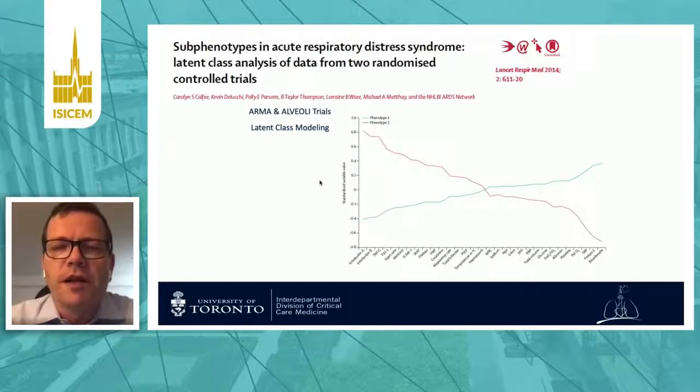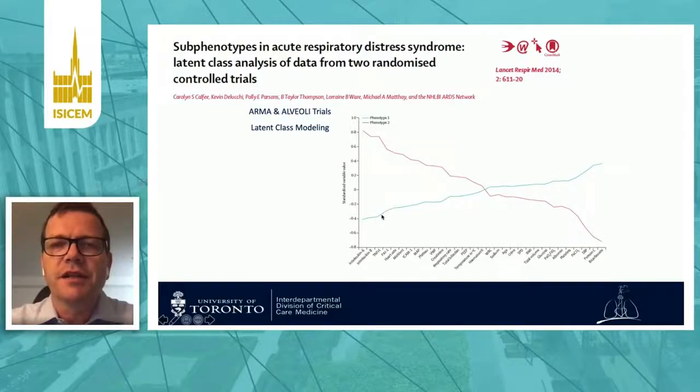And we know from our non-ARDS, non-COVID-19 experience that there are different phenotypes of patients who meet the syndromic definition of ARDS. Carolyn Calfee and colleagues used latent class modeling to identify two different phenotypes. One in the red line, which we could call the more hyperinflammatory class with very high levels of IL-6 and IL-8, versus a relatively hypoinflammatory kind.